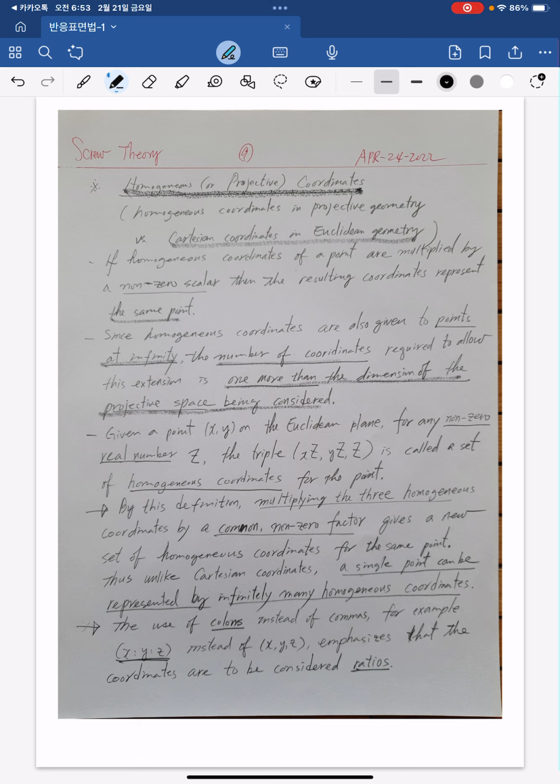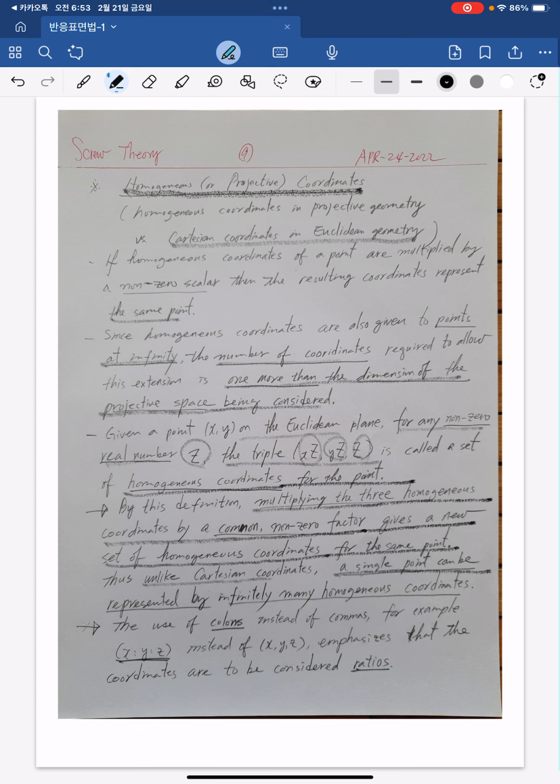Given a point (x, y) on the Euclidean plane, for any non-zero real number z, the triple (xz, yz, z) is called a set of homogeneous coordinates for the point. By this definition, multiplying the three homogeneous coordinates by a common non-zero factor gives a new set of homogeneous coordinates for the same point. Thus, unlike Cartesian coordinates, a single point can be represented by infinitely many homogeneous coordinates. The use of colons instead of commas, for example x:y:z instead of (x, y, z), emphasizes that the coordinates are to be considered ratios.